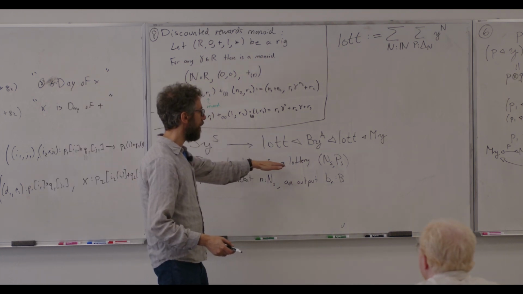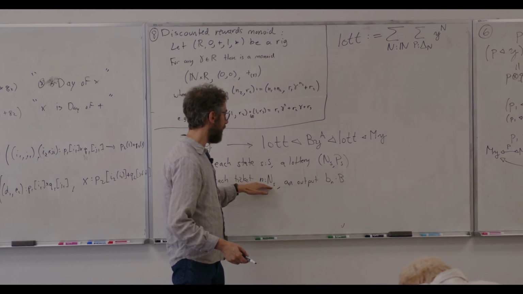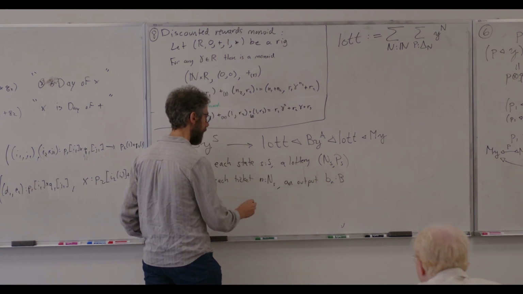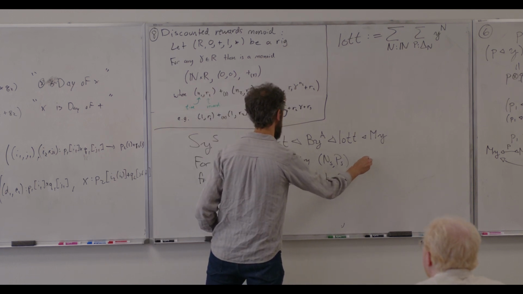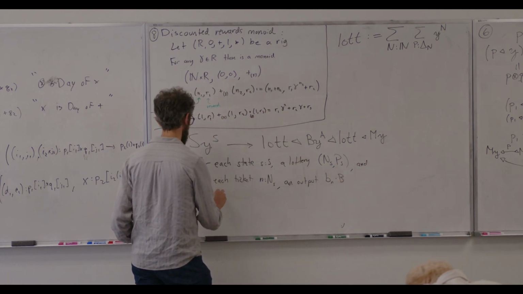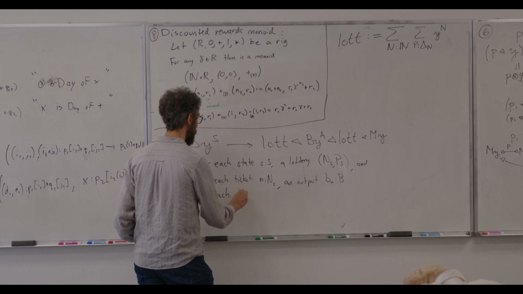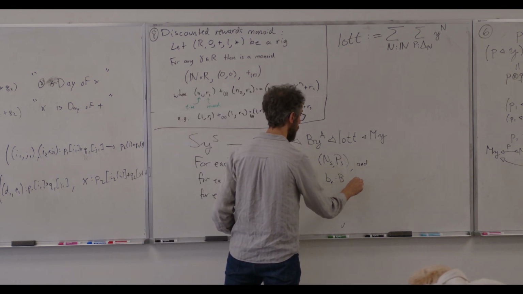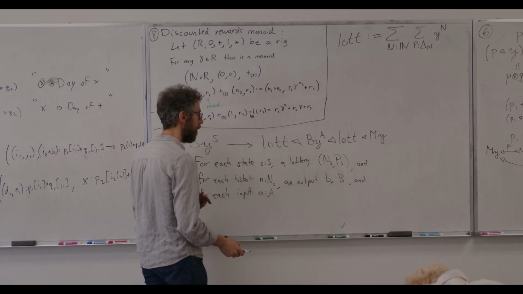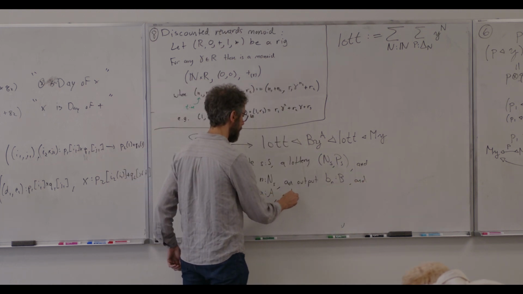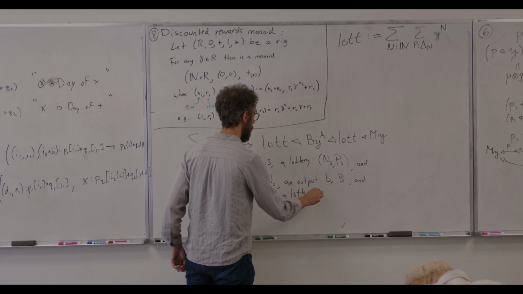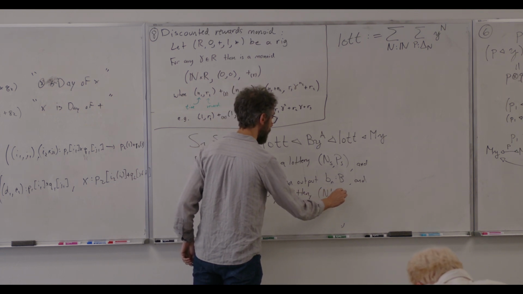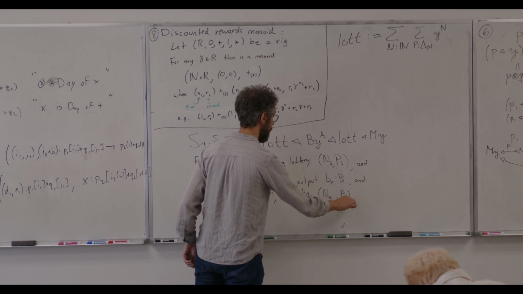For each state, a lottery, and for each ticket in that lottery, an output, and for each input, A, a lottery, N_A, P_A, or something.